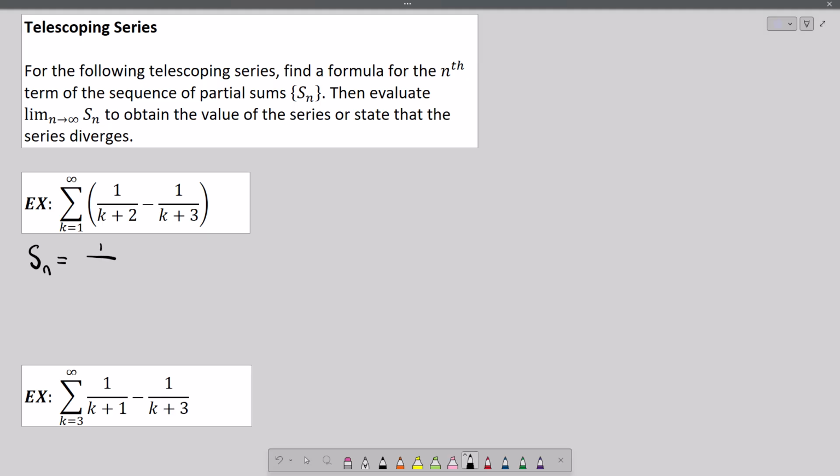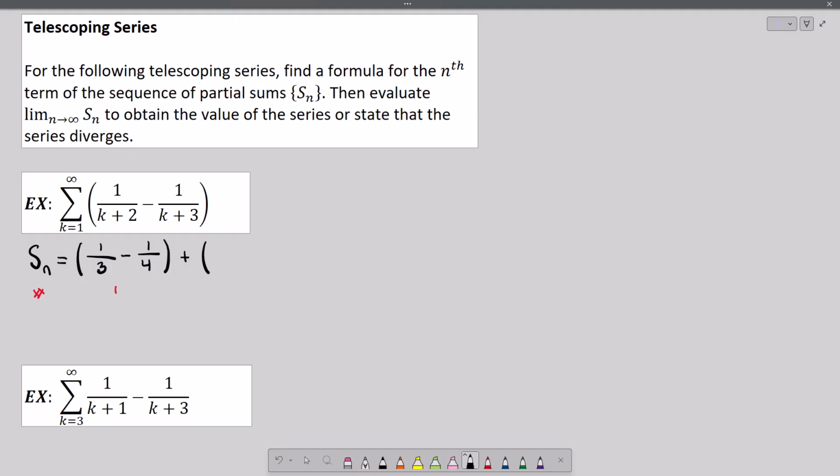When we plug in 1, we get 1/3 minus 1/4. So that is the first term. I'm going to put it in parentheses just to isolate it as a term, even though we don't technically need the parentheses. And I'll put a little number counter down here just to make sure we're seeing that. That's the first term. The second term in this infinite series, we'll plug in the second index value, which is 2.